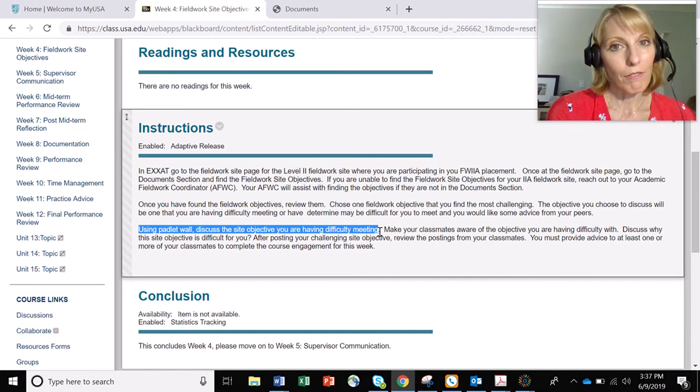So you should not have anything marked on those forms of having an absence without first completing that form and letting me know so that we can work through your makeup days together. Some of you have already taken care of that with your fieldwork educator. You already have the day that you're going to make up, which is great. But again, you need to communicate that with me so we can ensure you get credit for all of your hours for the completion of your Level 2A.